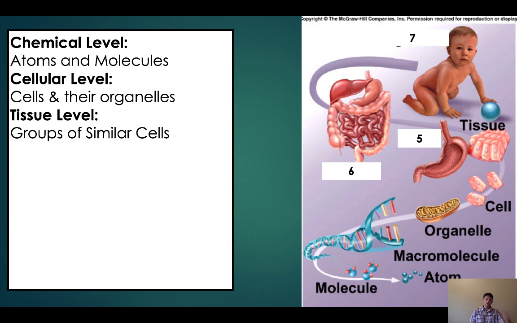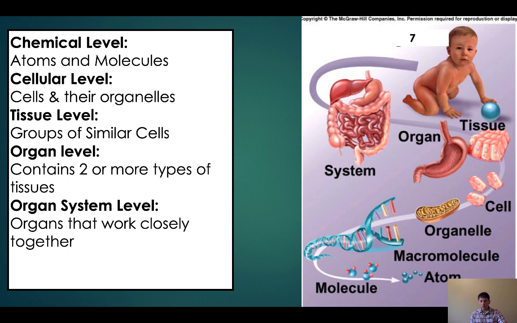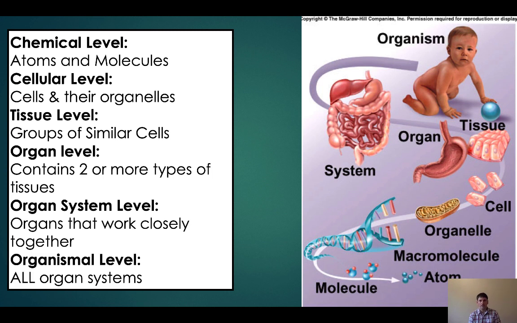Groups of cells come together to form tissues. Two or more groups of tissues will form organs. Organs that work together form organ systems. So in this case, you can see the digestive system here. And then organ systems working together give us our organismal level.